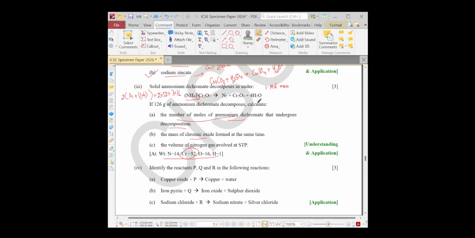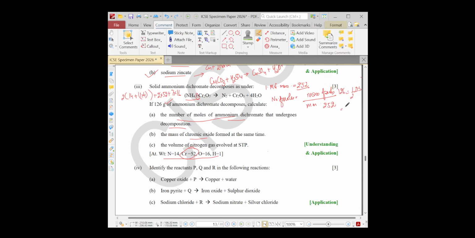When you solve this, I have calculated to save your time, it will be 252. Now it says number of moles, so the formula is number of moles equals mass of substance divided by molecular mass. Molecular mass is 252, mass of substance is 126. So you get 1 by 2, which is 0.5.